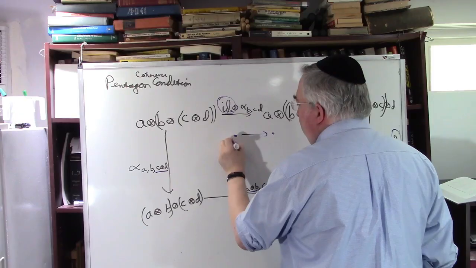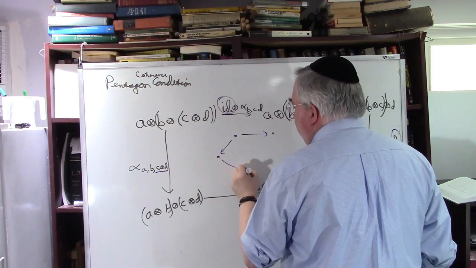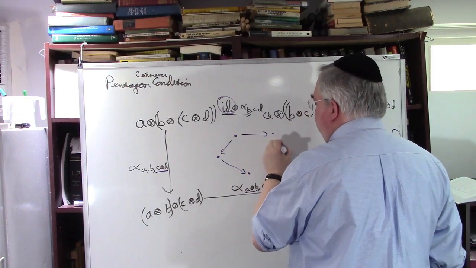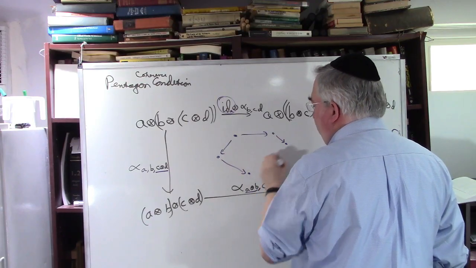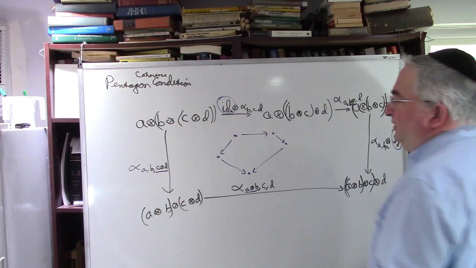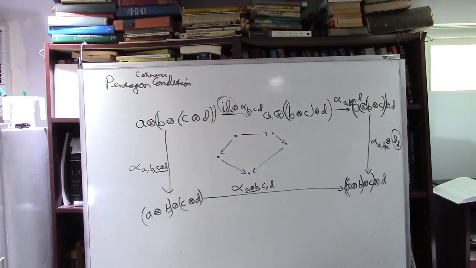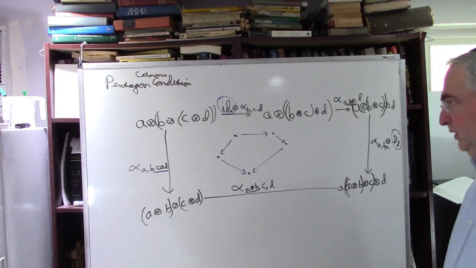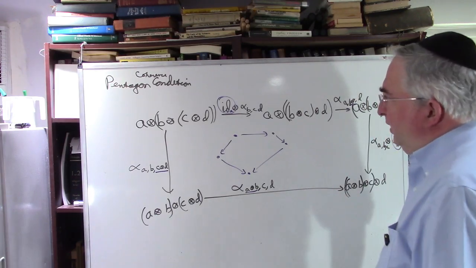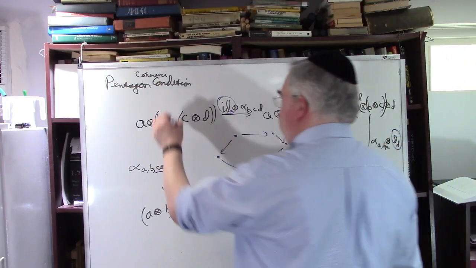1, 2, 3, 4, 5, like this, or a diamond or something like that. And like I said, it's probably the most important diagram in this book, the pentagon coherence condition.